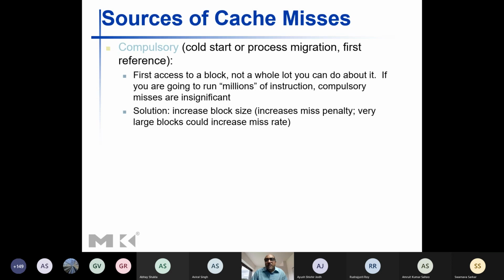When the process is shifted, the related contents also have to be shifted. But the cache corresponding to core 3 is not relevant to this process, so we make it empty and then start afterwards. That is process migration. And at the beginning, usually you experience a sequence of misses.